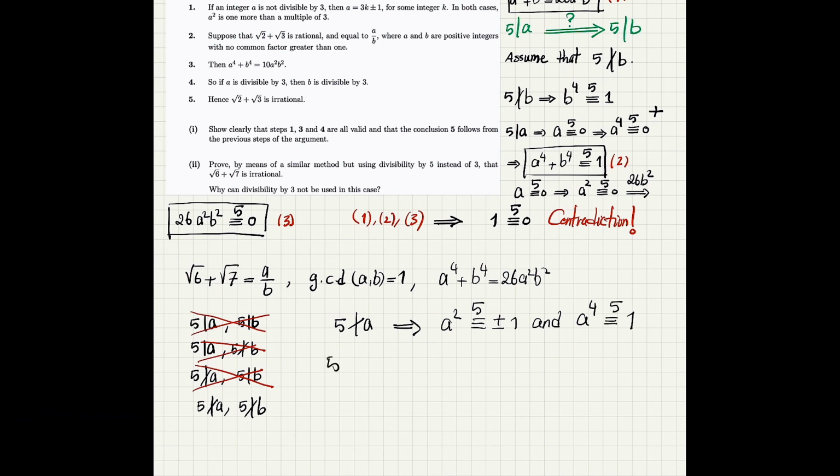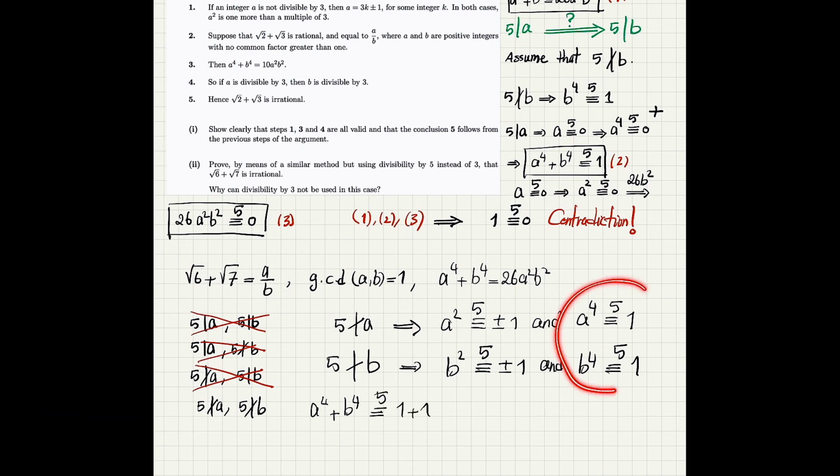The same thing happens if 5 doesn't divide B. So this means that B squared is congruent to plus or minus 1 modulo 5, and B to the 4 is congruent to 1 modulo 5. Okay, but then from here, A to the 4 plus B to the 4 is congruent to 1 plus 1 modulo 5, so I am adding both sides of this.